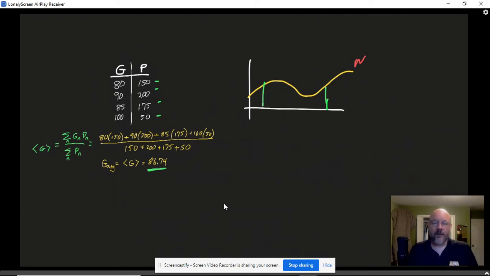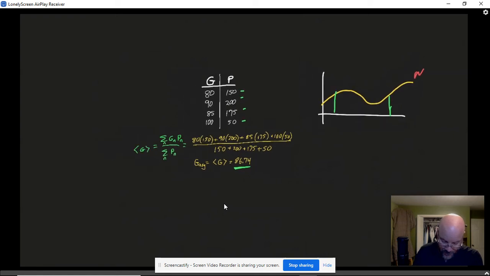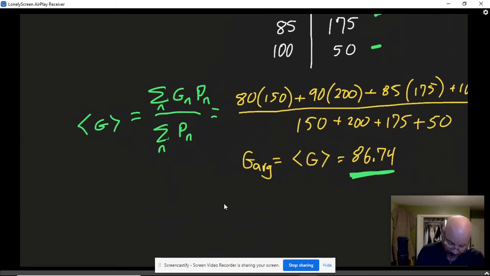Now, in order to get my average value for X along this interval, I'm going to do something like this. We had the thing we're interested in and the weighting function, and we added up the product of the two. But it's not discrete, it's a function.